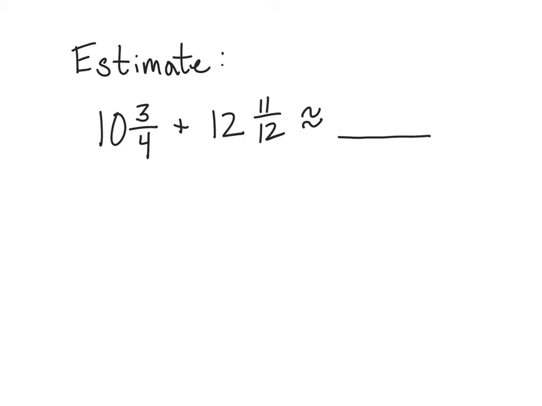So we can round these up to the next whole, which would be 11 plus 13, which would be 24. So 10 3/4 plus 12 11/12 is about 24. There are those curly squiggles showing being equal or close to it.